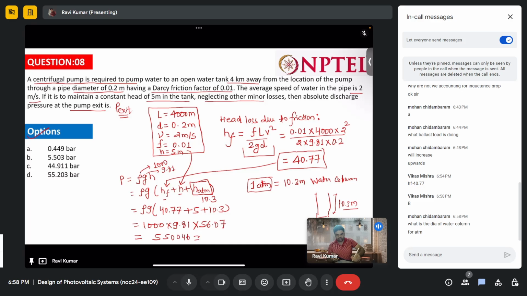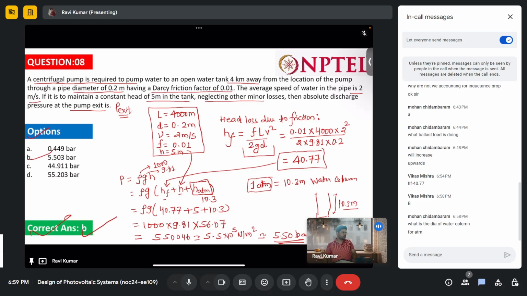So we can say 5.5 into 10 raised to power 5 Newton per meter square, which equals 5.50 bar. Just converting the unit. Yes, you are right. B is the correct answer.